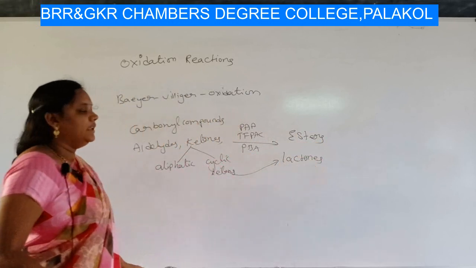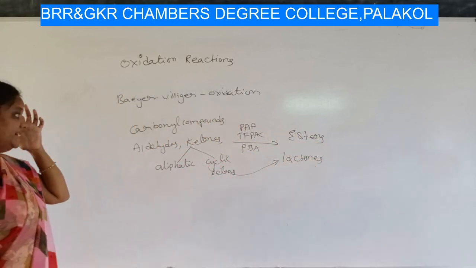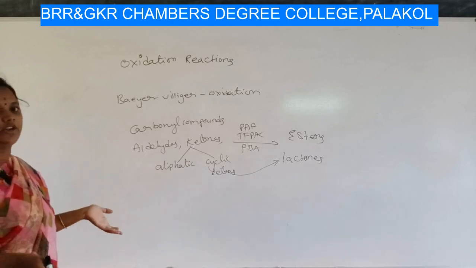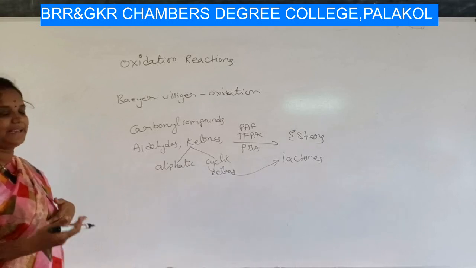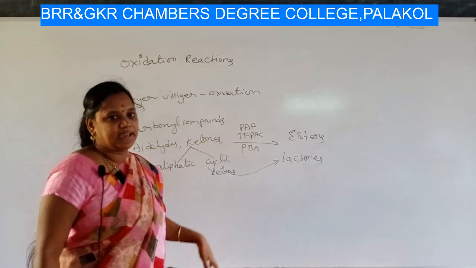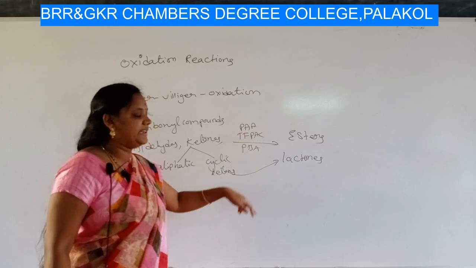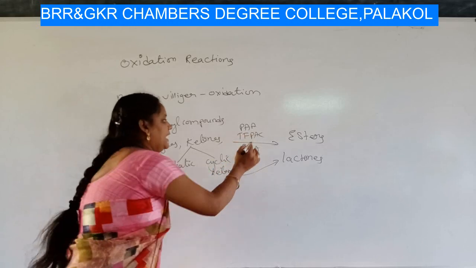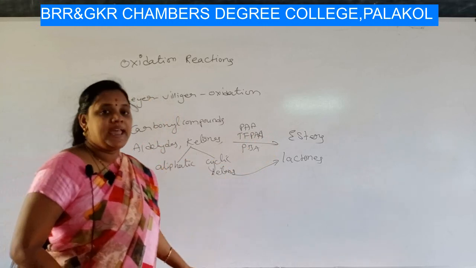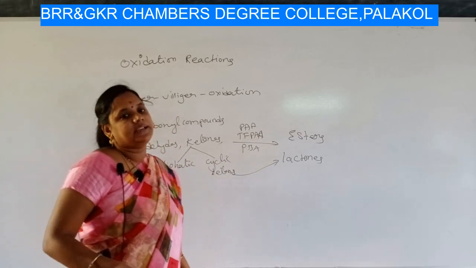If you take aldehydes, ketones, aliphatic ketones, or cyclic ketones and treat them with per-acetic acid PAA, trifluoro-per-acetic acid TFPAA, or per-benzoic acid PBA, esters, lactones, etc. are formed.